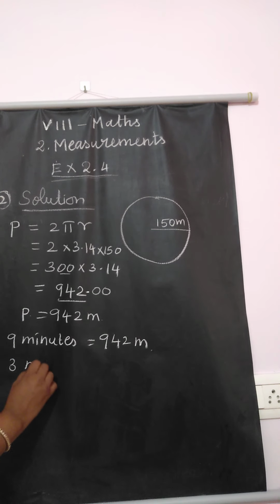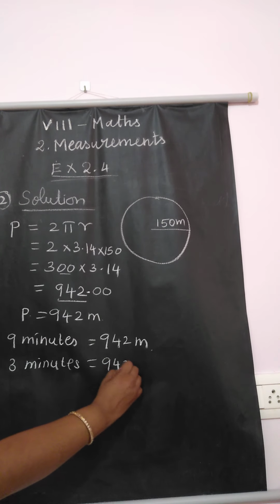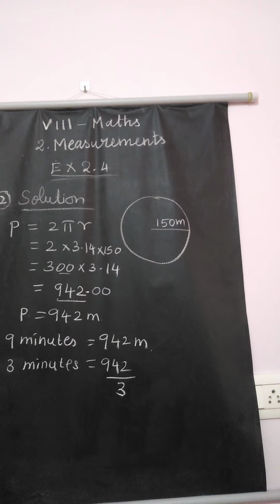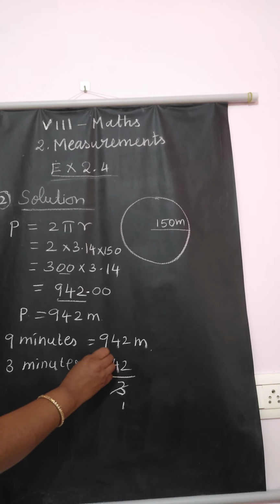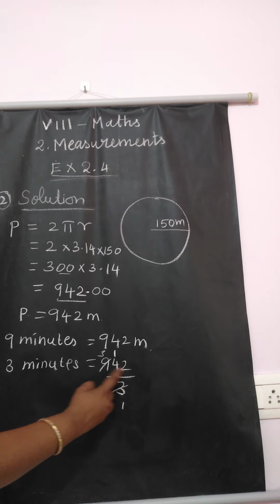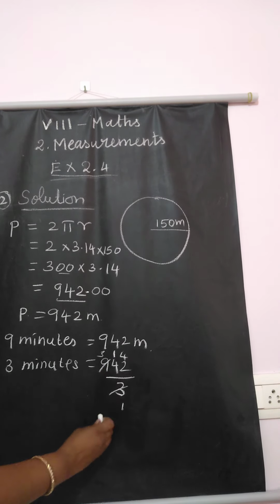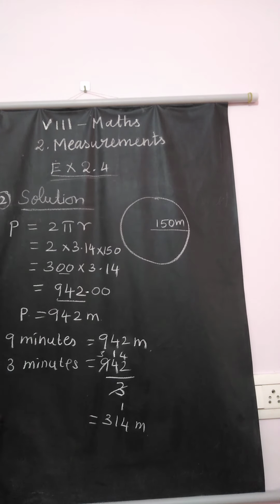In 3 minutes, we should divide by 3. Now divide the value. 3 ones are 3, 3 threes are 9. 3 ones are 3, remaining 1, now 12, 3 fours are 12. So we get 314 meters.